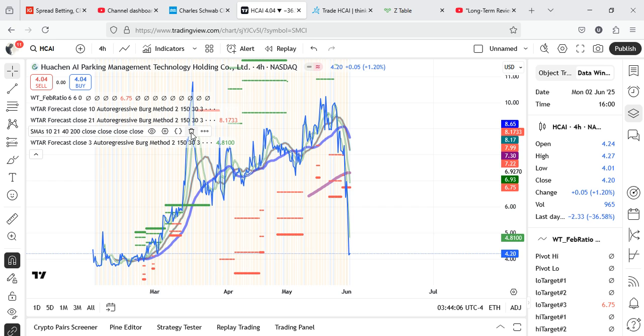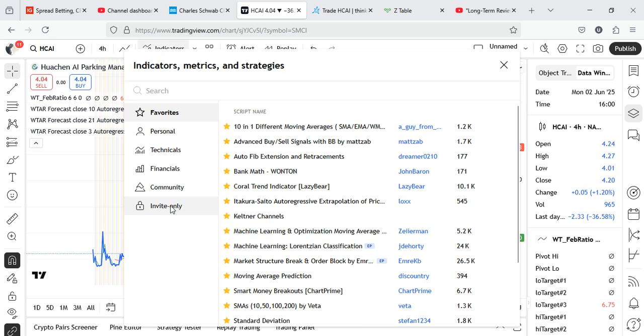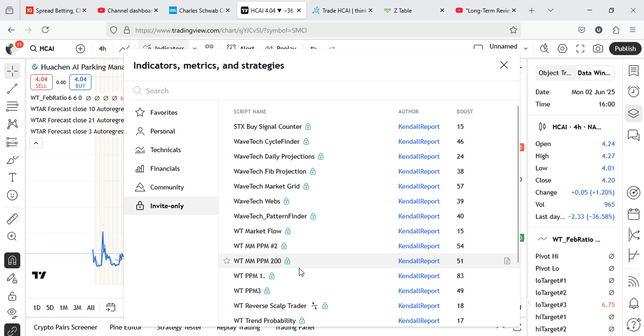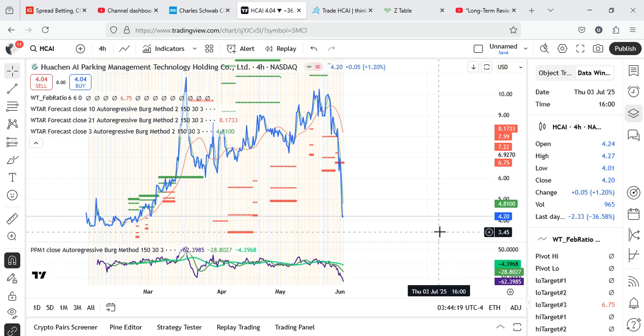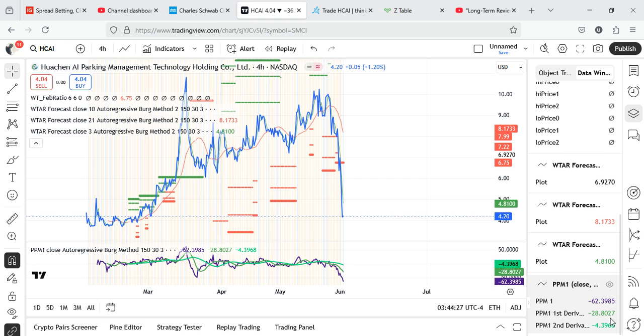We could also have a look at its price pressure momentum indicator to give us an idea of what things are saying. Let's now apply that one. This price pressure momentum indicator measures the angle of attack of the various moving averages.